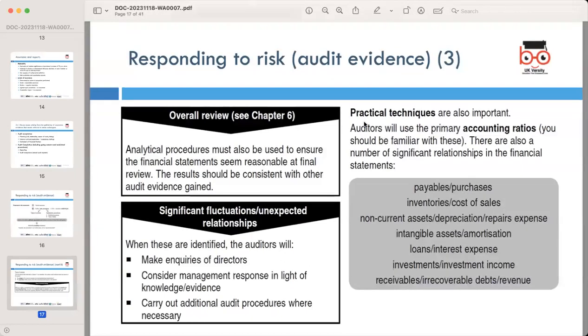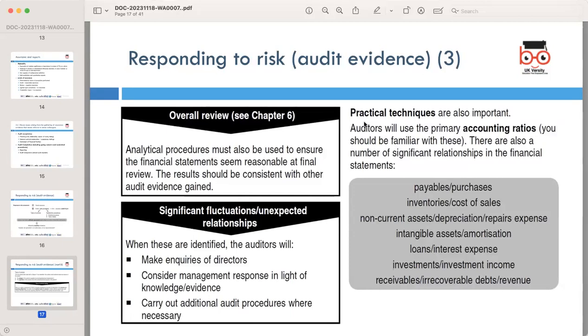Then audit evidence. Here we are in auditing risk and audit evidence, particularly focusing on tests of control. Understanding the basics in auditing, we want to make sure everything is in order, especially when it comes to preventing or detecting mistakes.